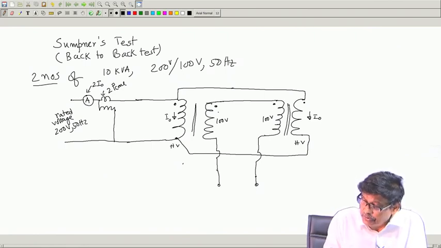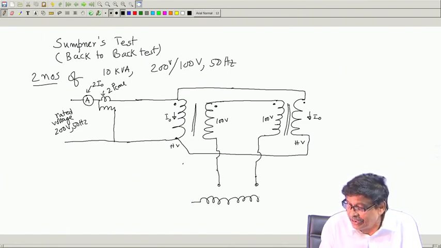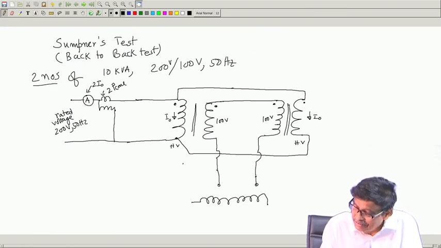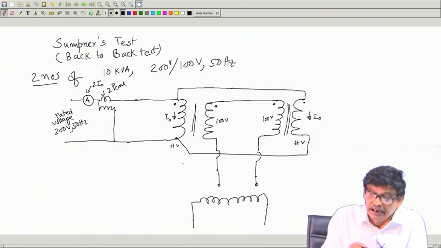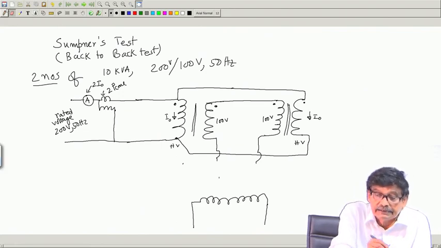Now, what you do, you take an autotransformer here, I mean I should say a variac, in the laboratory. You connect it like this.